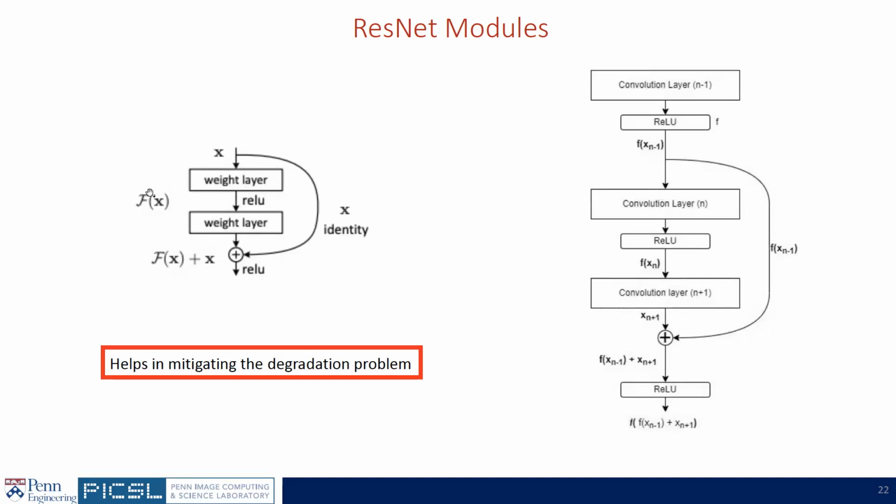Let's call that convolution block F of X, right? And this is the output that you got, F of X. That's it. Now what you do is, the output that you got, you just add the original input X back to it, right? That's it. So you have an input X, you pass it through a convolution block F, you get F of X. Now I'm just adding that X component back to that F of X output, right? So it's basically take an input, pass through a convolution block to get F of X, and now add the input back to this F of X, right?